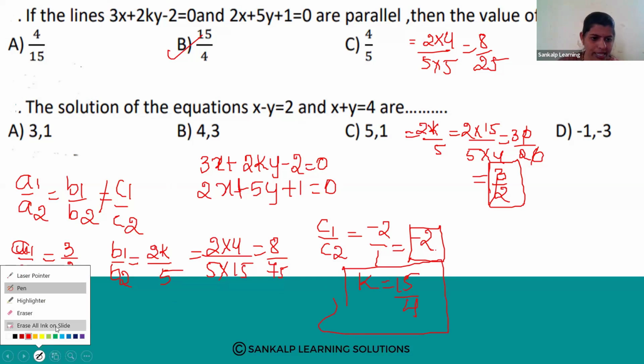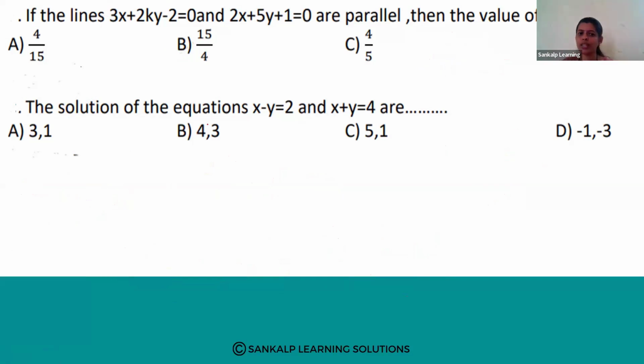Okay. Next one. The solution of the equations x minus y is equal to 2 and x plus y is equal to 4. So these two are equations.